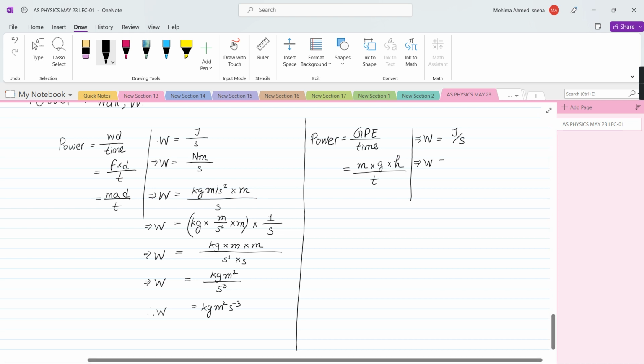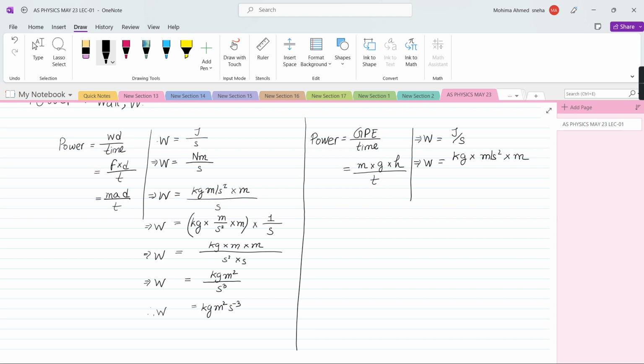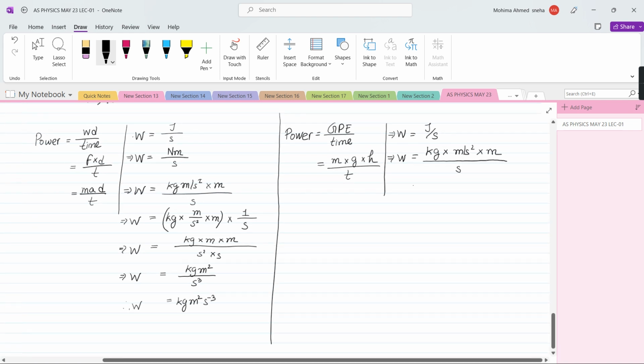We break down joules in terms of mass, gravitational acceleration and height, so it will be kg into meter per second square into height in m, over time in s.